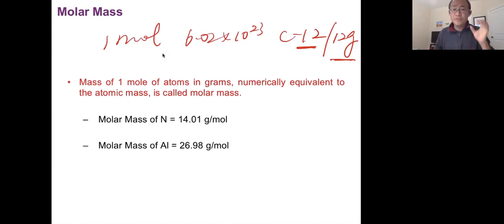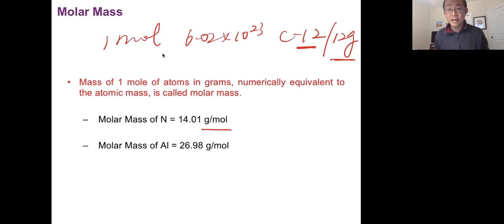That means the mass of 1 mole of any atom in grams will numerically equal the atomic mass. For example, nitrogen: from the periodic table, the atomic mass is 14.01. Then 1 mole of nitrogen has a mass of 14.01 grams, and the unit will be gram per mole. Why? Because that's the mass of 1 mole of nitrogen.